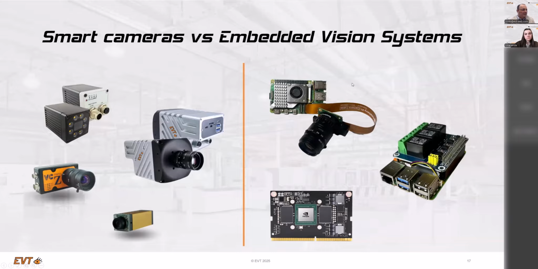Embedded systems, which are in some cases more powerful than smart cameras, start at, let's say, the Raspberry Pi. You can buy it for 80 euros and a camera also for 50 or 80 or 120, depending on where you buy it. But you have a complete system for 200 euros, which fits your needs.